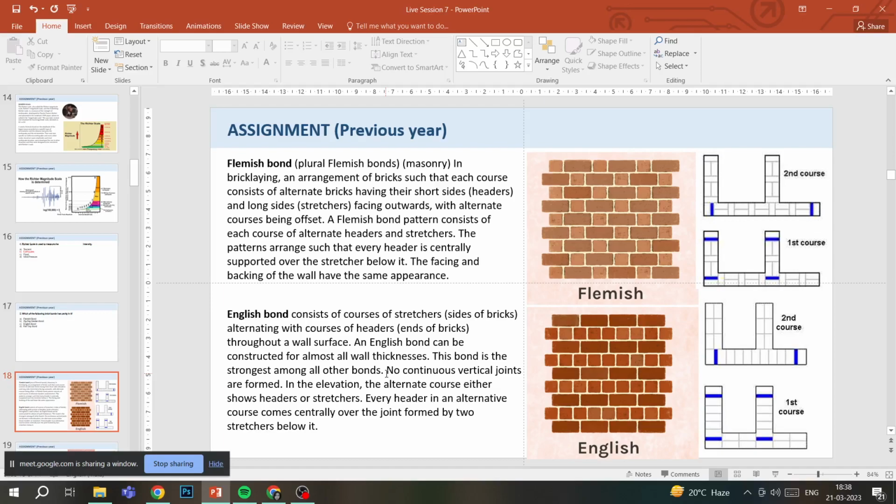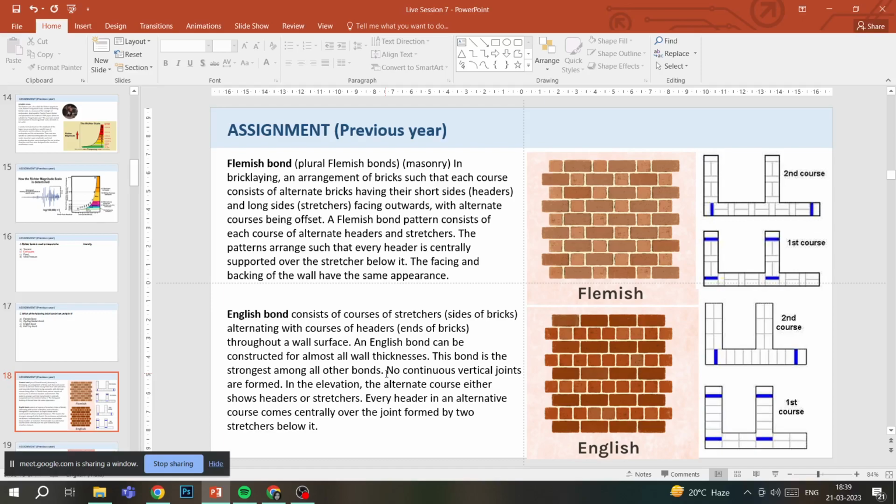Now coming to English bond, it is also a kind of masonry, and it consists of courses of stretchers, sides of bricks, alternating with courses of headers, ends of bricks, throughout a wall surface. So how is English bond different from Flemish bond?